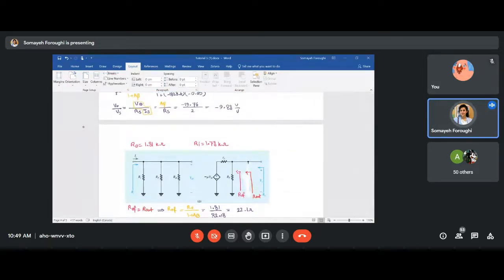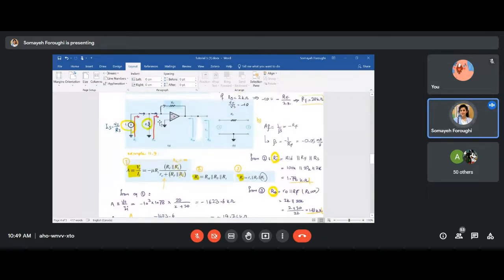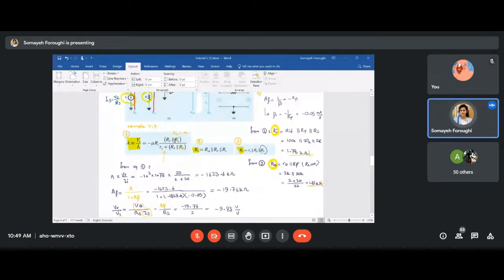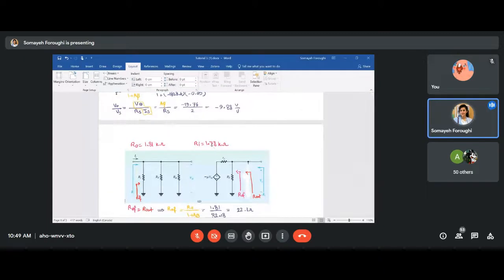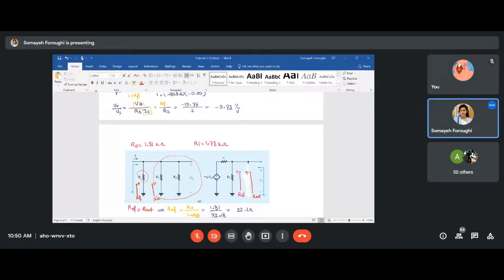While if you want to find your RIN, it is right before RF. It means your RIN is here. So simply you can say that RIF is your RS in parallel with RIN. You see from here, you're seeing RIN, and that thing is parallel with RS to make RIF.